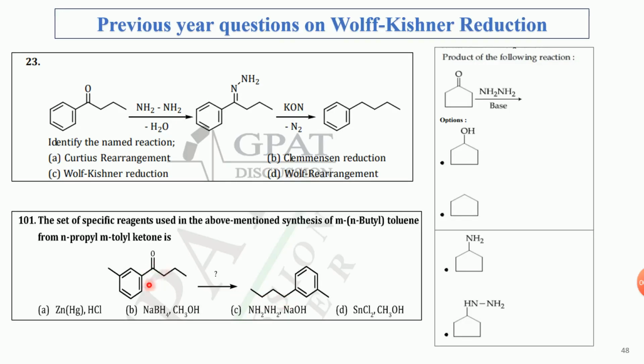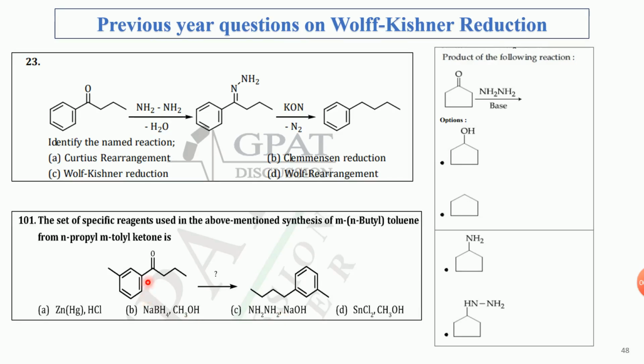All the remaining part is the same. So we know two reaction conditions can be used: Clemmensen reduction, where zinc amalgam and HCl are used, and Wolff-Kishner, where hydrazine and a strong base such as NaOH or KOH are used.